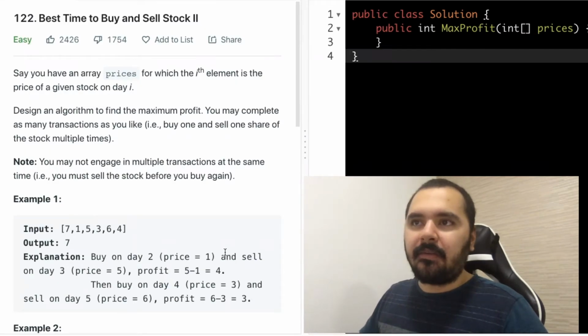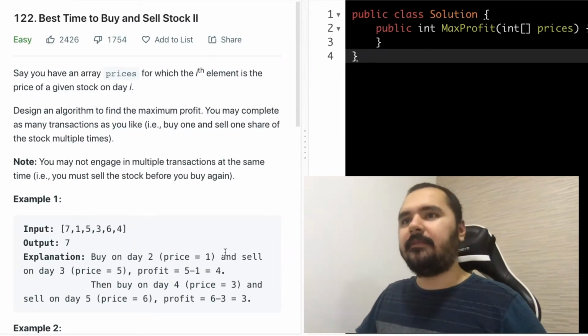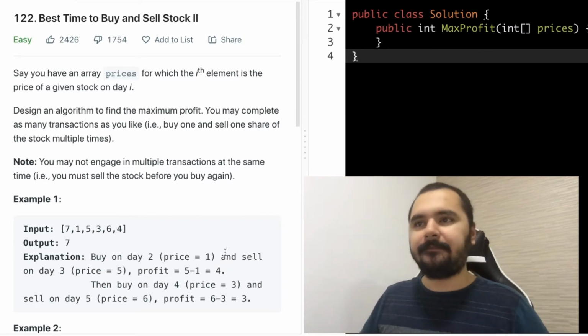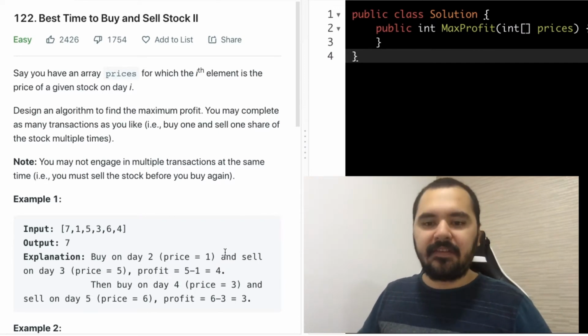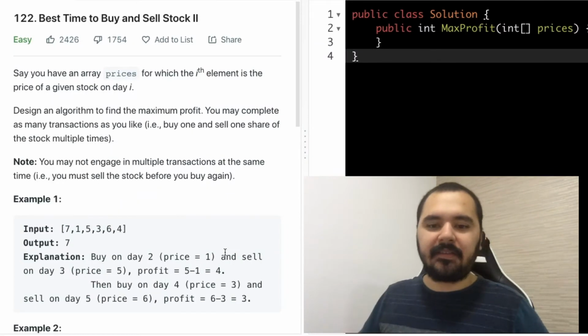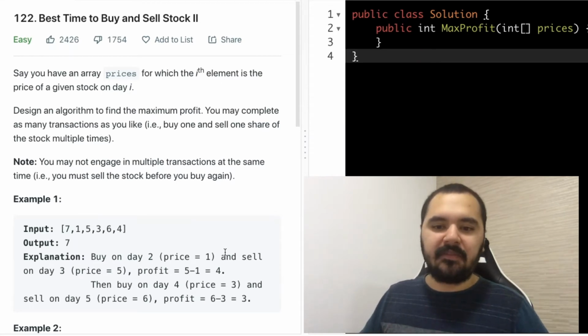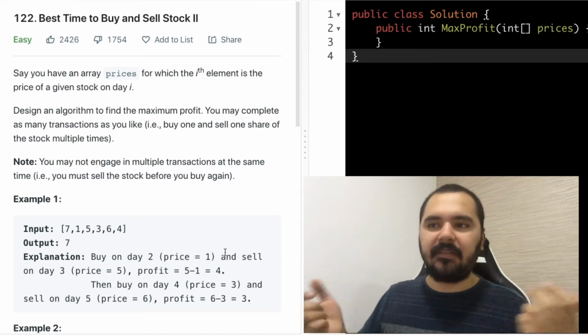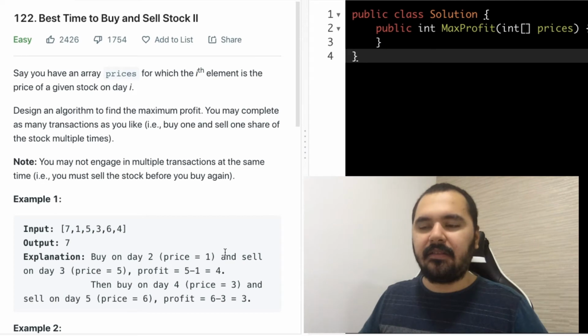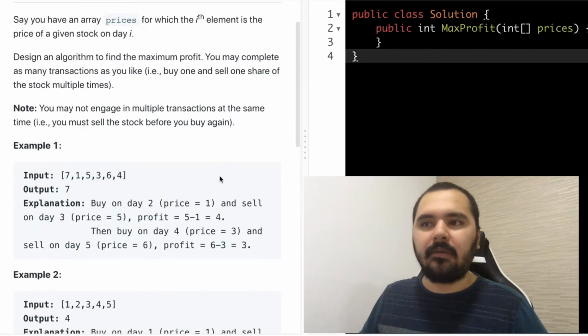Yes, we already did an exercise pretty close to this one. The difference is that in this exercise we can buy and sell a stock multiple times during our for loop maybe.